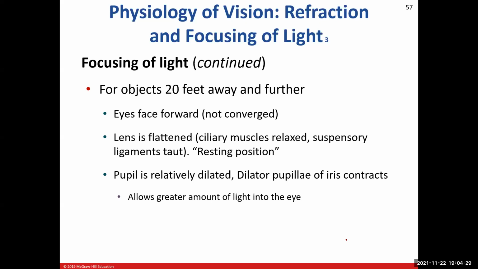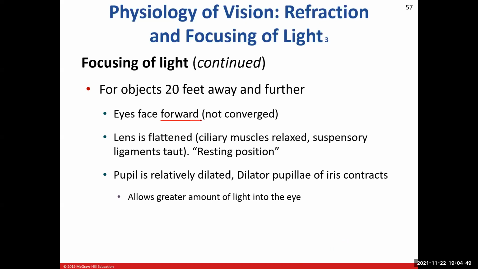In this scenario, you're not going to undergo convergence of the eyes because that object is way far away. Your eyes are going to be forward and not medially converging. Now, the ciliary muscles are going to relax.